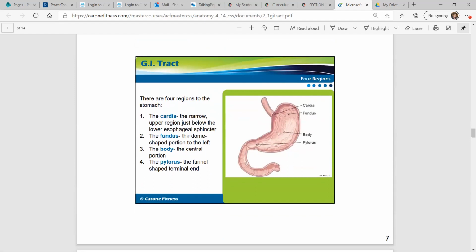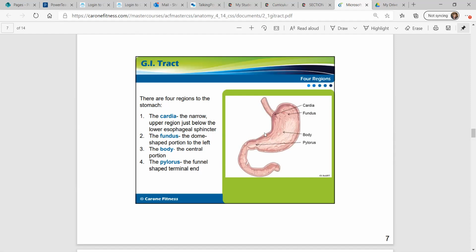There are 4 regions to the stomach. The cardia, which is this narrow upper region right below the lower esophageal sphincter. So right there. The fundus, the dome-shaped portion right there by the cardia.